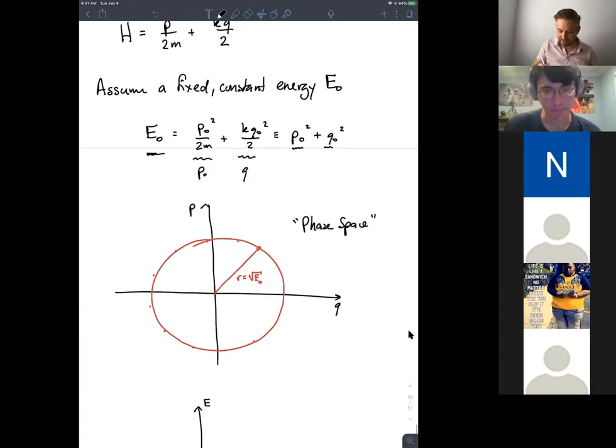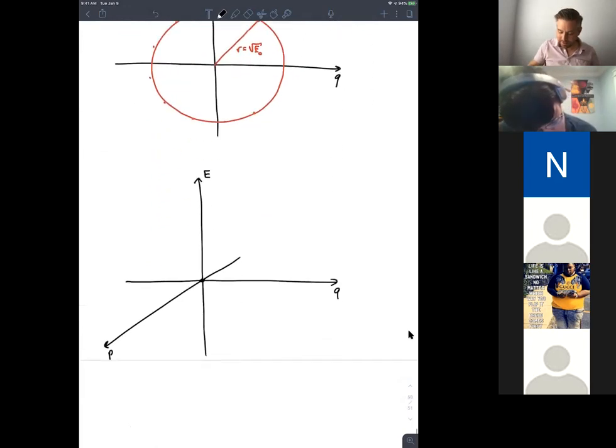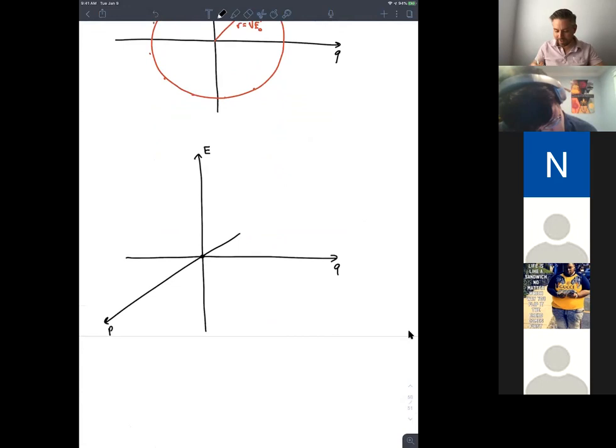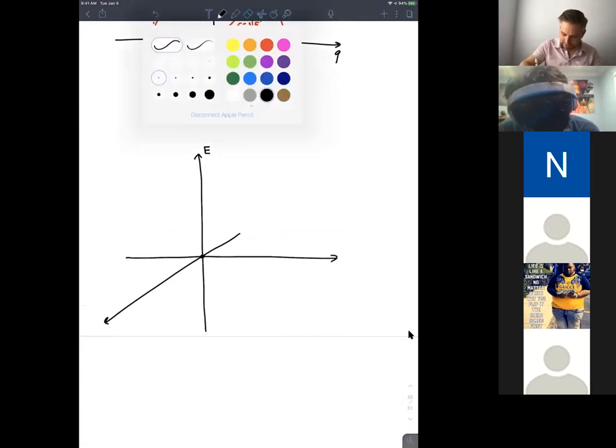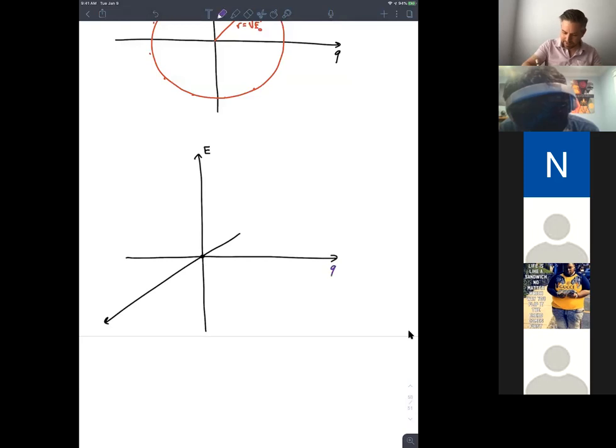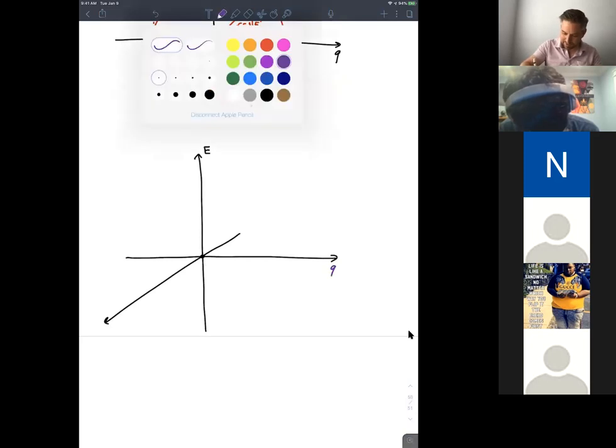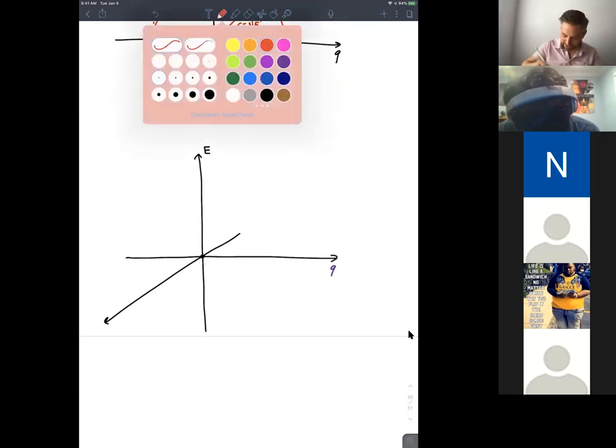So now if we go back to our Hamiltonian here, we can see the energy is quadratic in both the momentum and the position. So in other words, if I were to just look at the energy as a function of position. So here, let me do, watch this. I'm going to do my position in purple and my momentum in red.